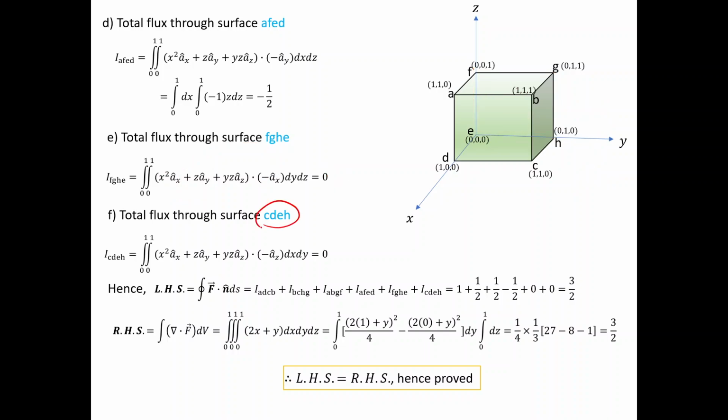And last, CDEH. The direction of the normal will be minus az direction, and the differential area will be dx dy.